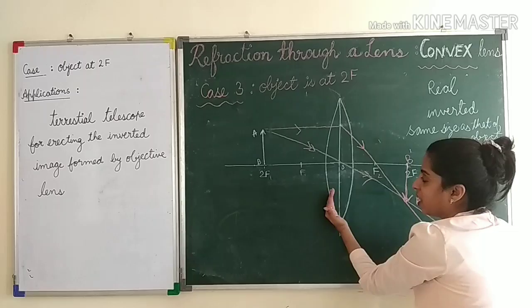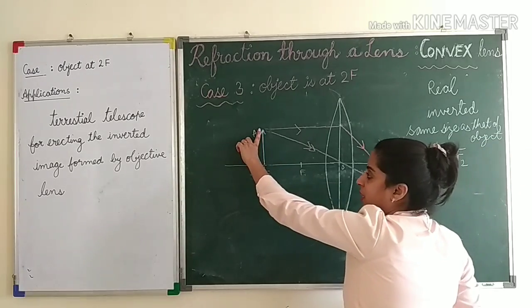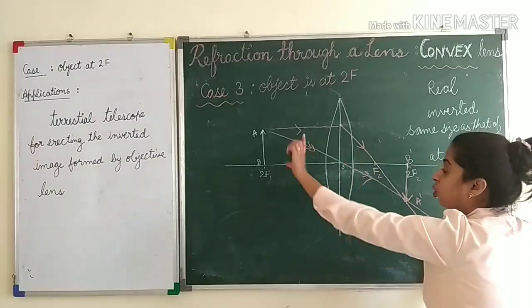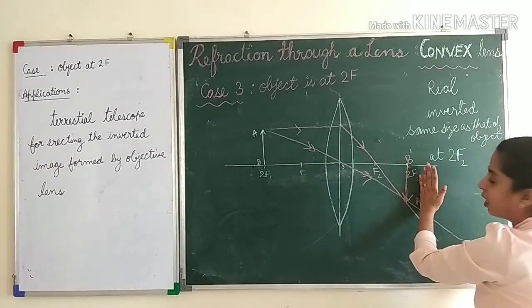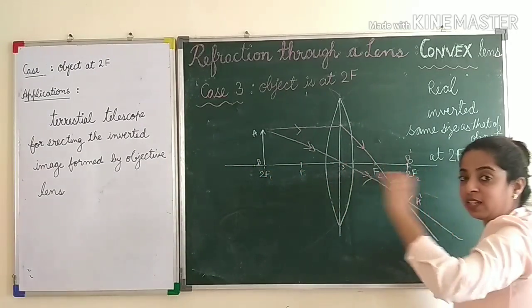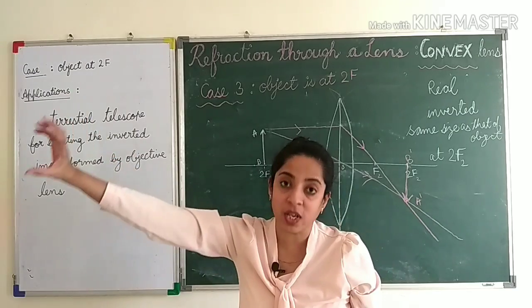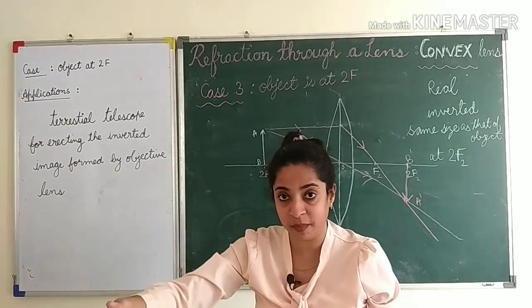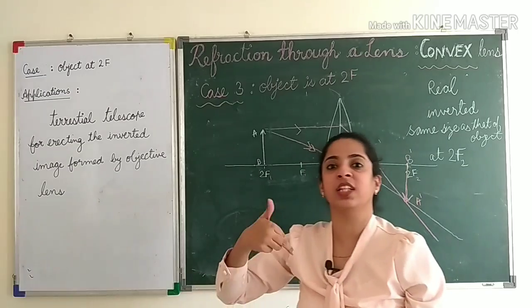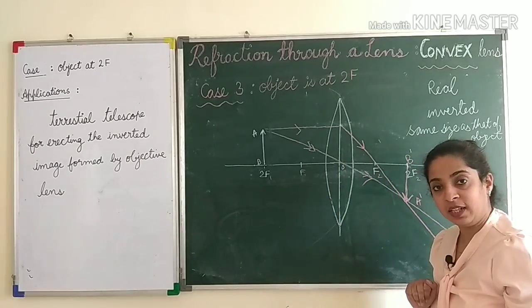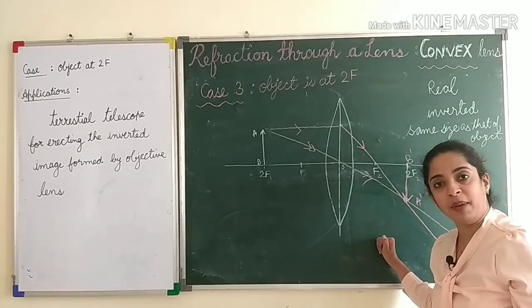Okay, you will adjust this length so that ये image जो बनी थी, इसने बनाई थी, ऑब्जेक्टिव लेंस ने। इस इमेज को जो कि उल्टी बनी थी उसको आप सीधा करके देखेंगे, ठीक है। जब आप टेलीस्कोप से देख रहे हैं तो आपको सीधी इमेज दिखनी चाहिए, बट जब आप फोकस कर रहे हैं पहले लेंस से तो आपको उल्टी इमेज आएगी। उस उल्टी इमेज को सीधा करके देखने के लिए आपको ये लेंस लगेगा, राइट। I hope you have understood the application.